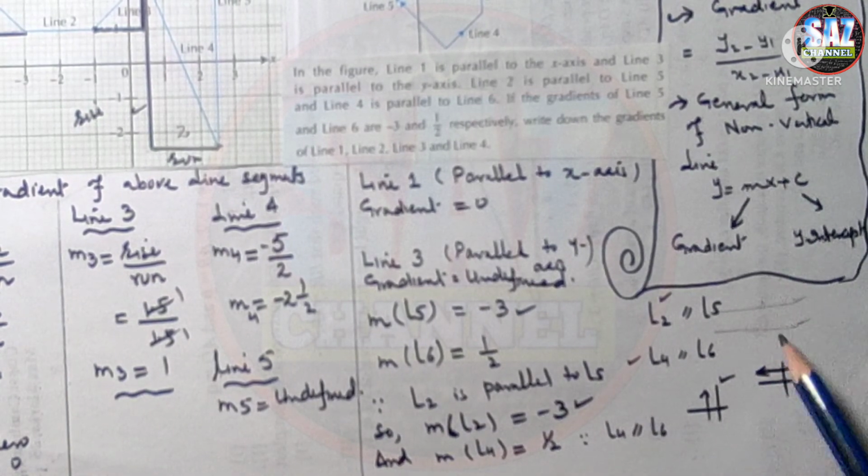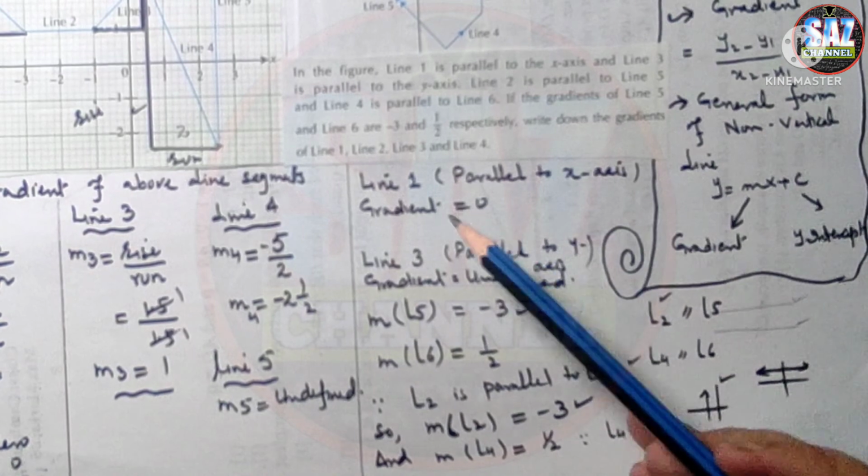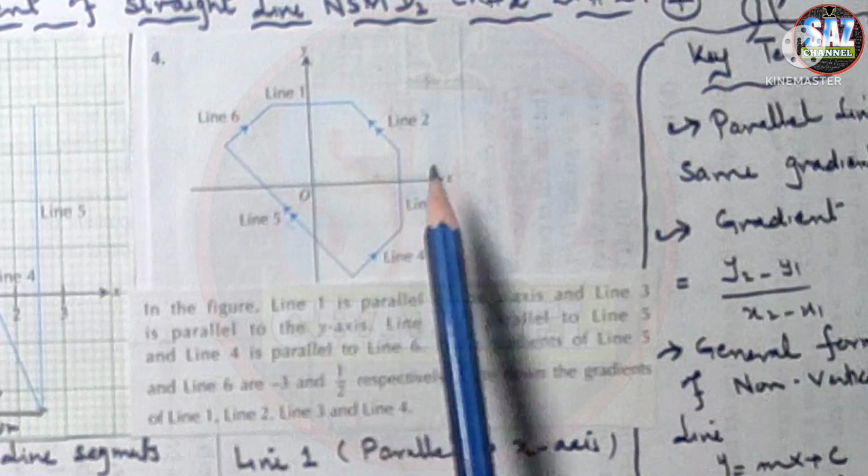And if the gradients are the same, lines are parallel. We can see that line 1 is parallel to x-axis, and all horizontal lines have gradient 0. That's why gradient of line 1 is 0.